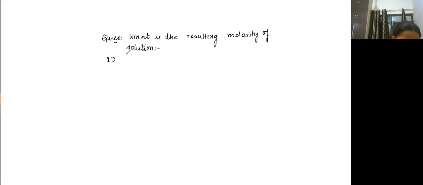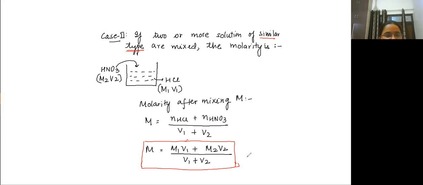First part: 200 ml of 1 molar HCl plus 100 ml of 0.5 molar HCl. Here, all volumes should be in ml or all volumes should be in liters. No need to multiply by any number.